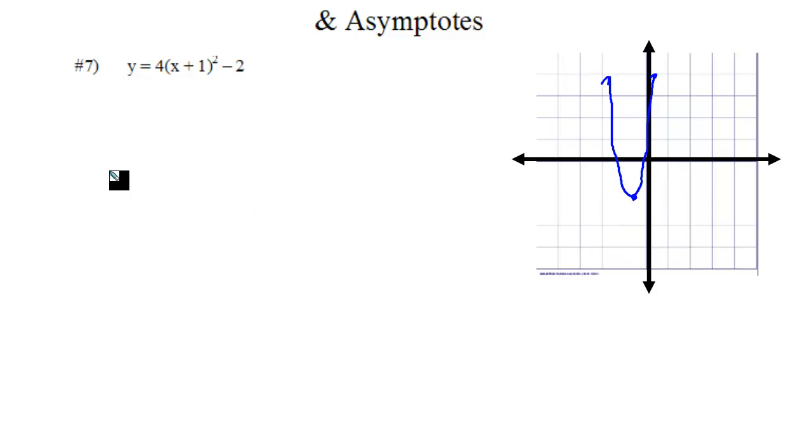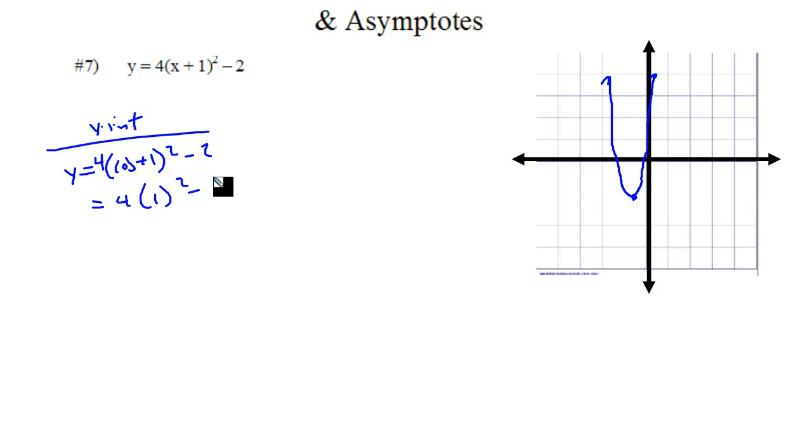I want to make sure you get that y-intercept right. I might have to redraw that. To get the y-intercept, I'm just going to put 0 in for my x's. My y-intercept is 2.